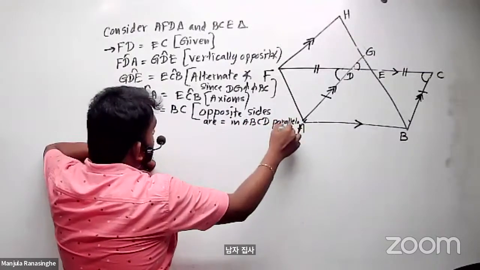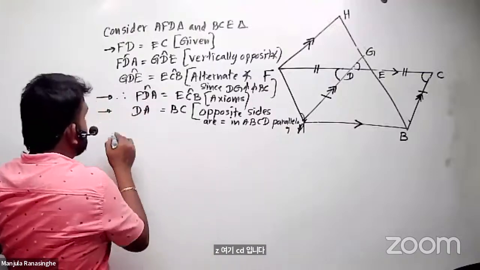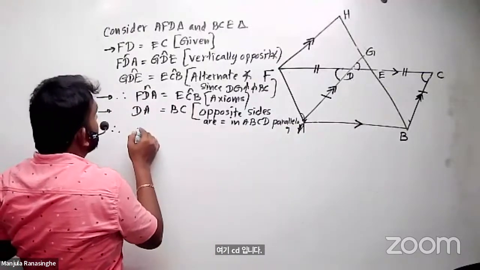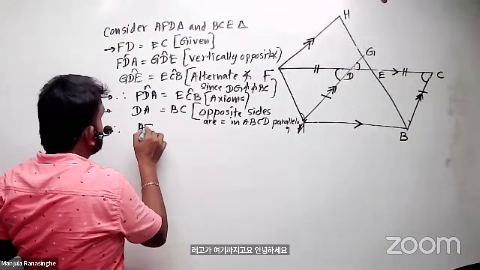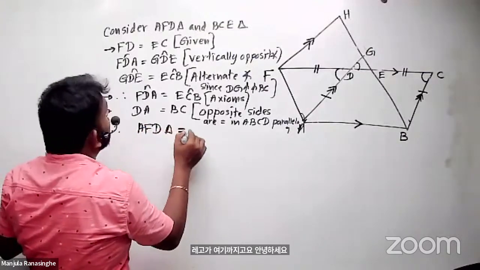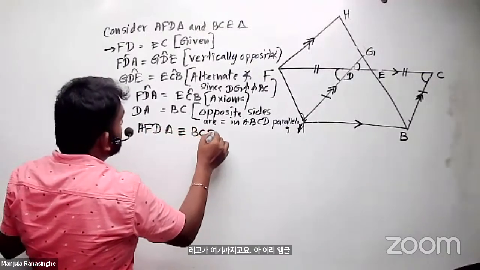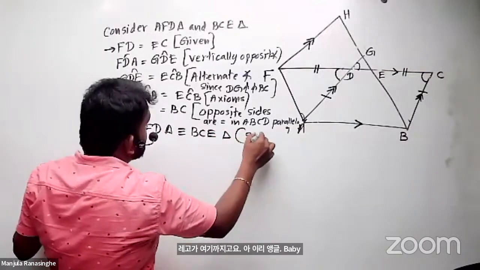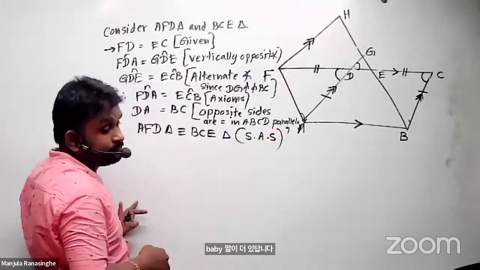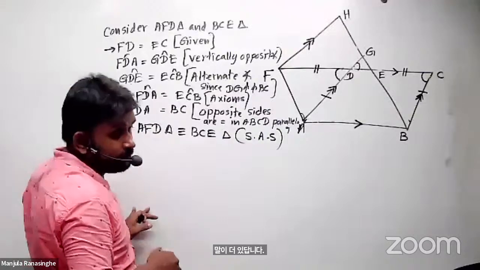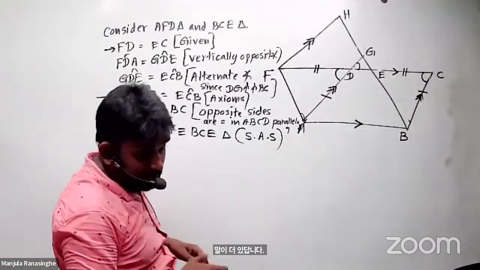Therefore, triangle AFD is congruent with triangle BCE. What is the case? Side, angle, side. And the first part is done.